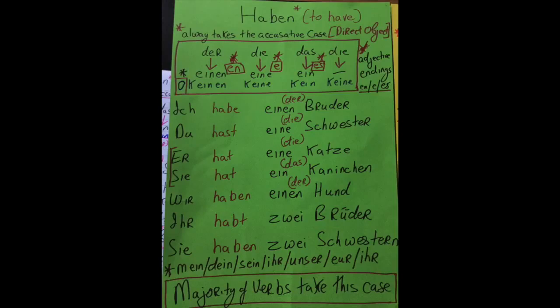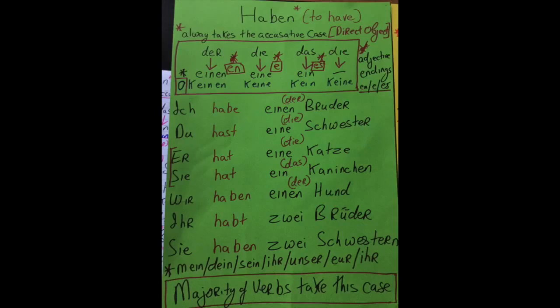Okay? And then lastly, beside einen, ein, you can always use mein, dein, sein, ihr, unser, euer, ihr. So if you want to say my, your, his, her, what you want to do. So this is by far the most important and most frequently used case in written German, in spoken German.